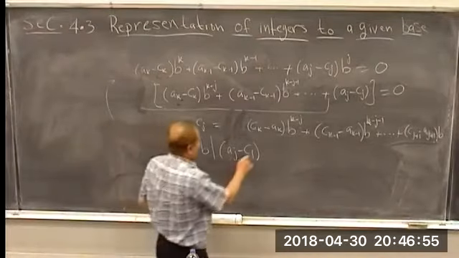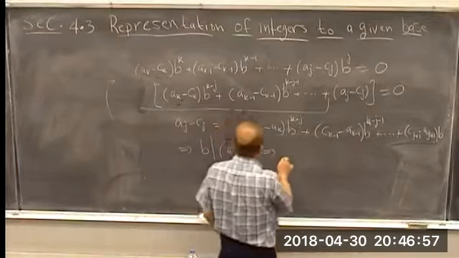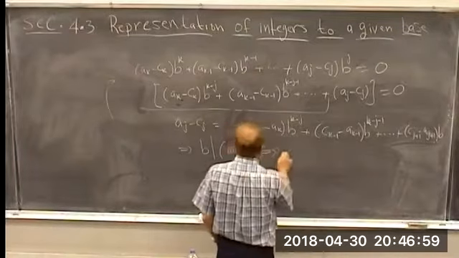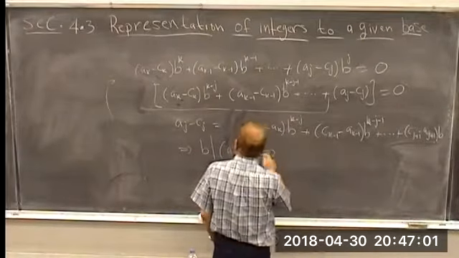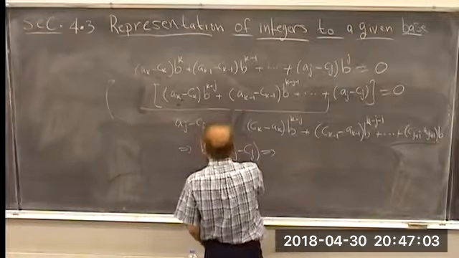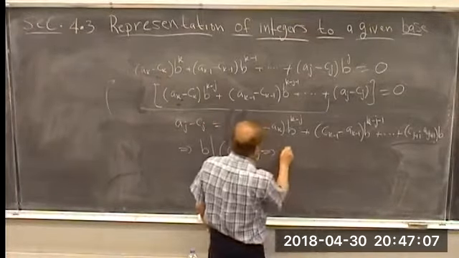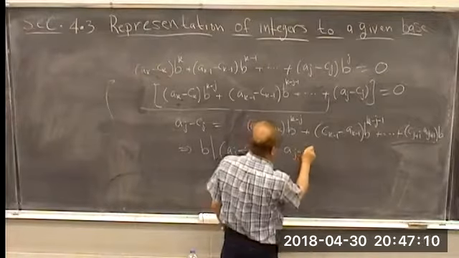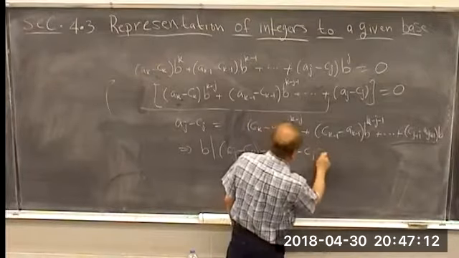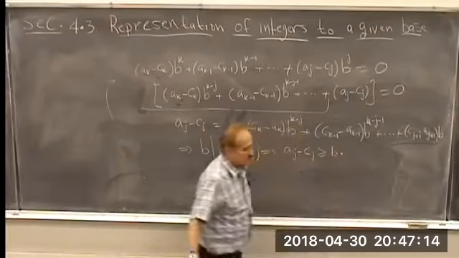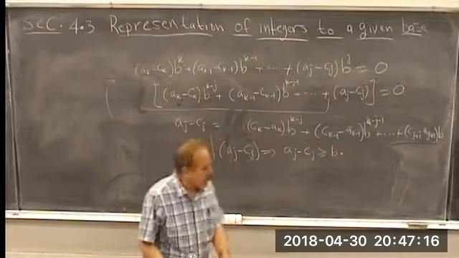And as a result, this is going to be a multiple of B, so the absolute value of A_j minus C_j is going to be bigger than or equal to B. All right?